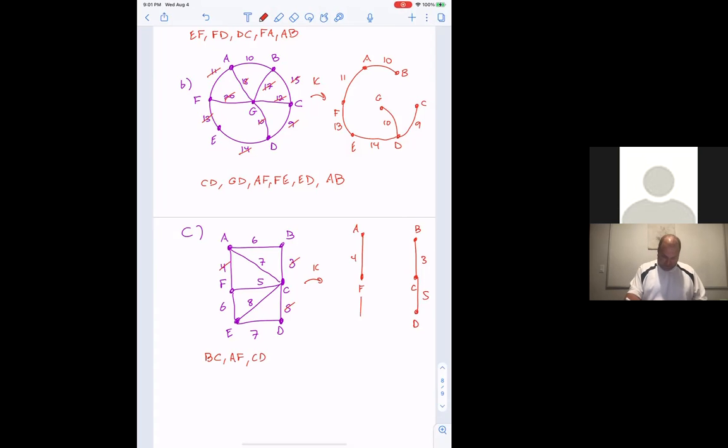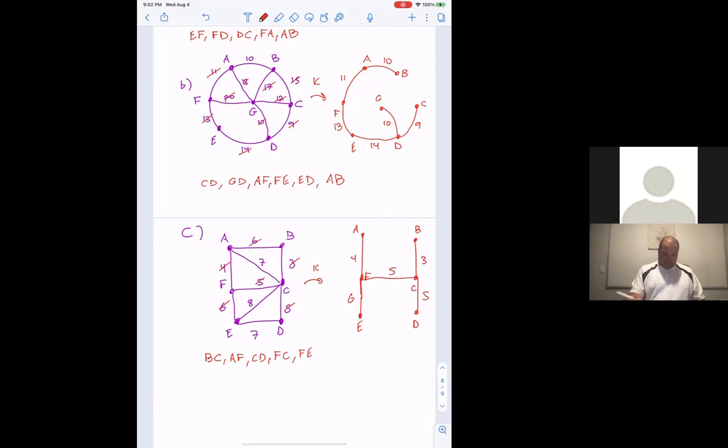Next is FE. Let's move that F over a little bit. Next is, oh, actually, before that, FE should have been FC with a weight of 5. And then FE with a weight of 6.